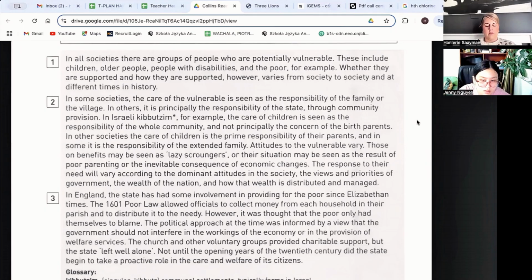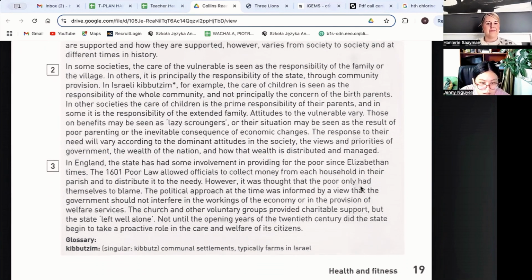The response to their needs will vary according to the dominant attitude in the society, the views and priorities of governments, the wealth of the nation and how that wealth is distributed and managed. In England, the state has had some involvement in providing for the poor since Elizabethan times.